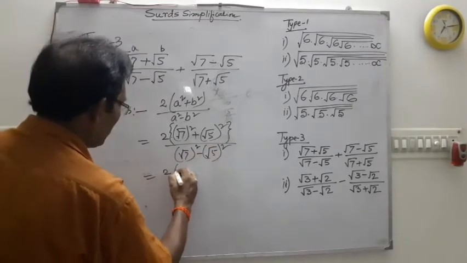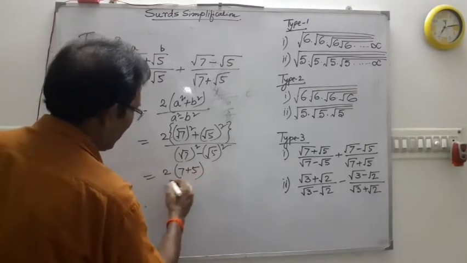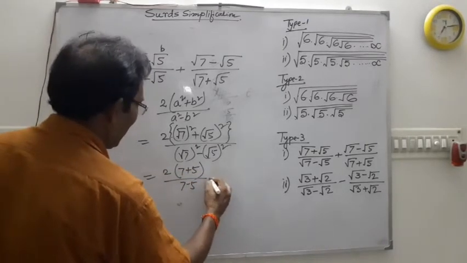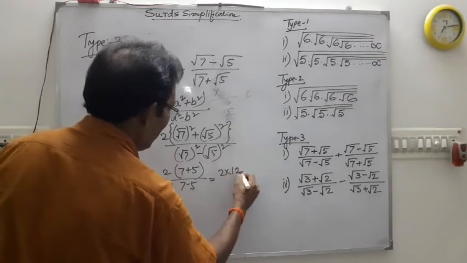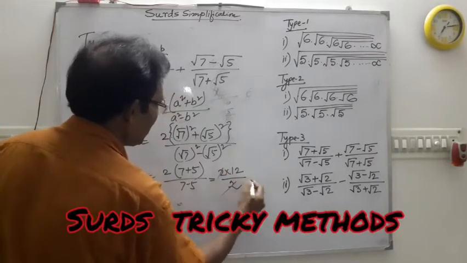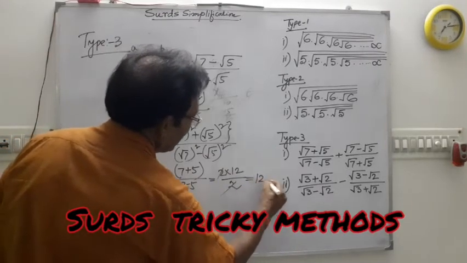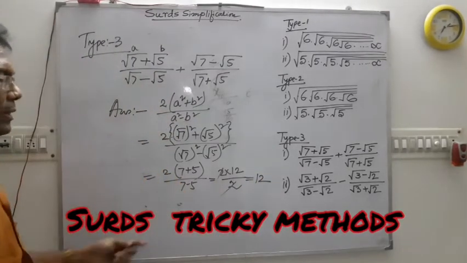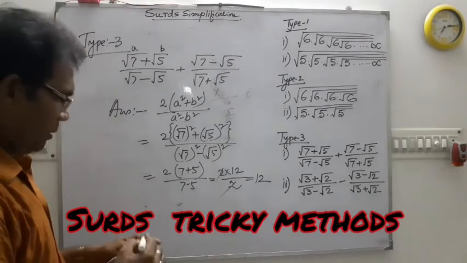So 2 into (7 plus 5) divided by (7 minus 5). That is 2 into 12 divided by 2. So the answer equals 12.